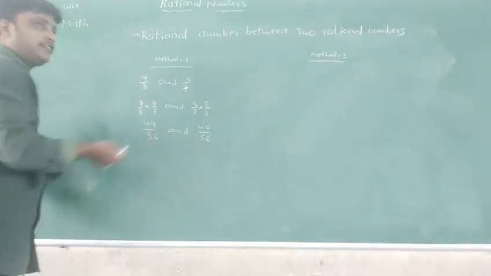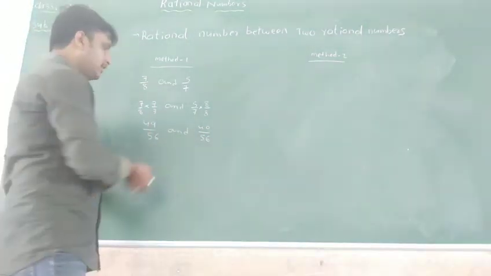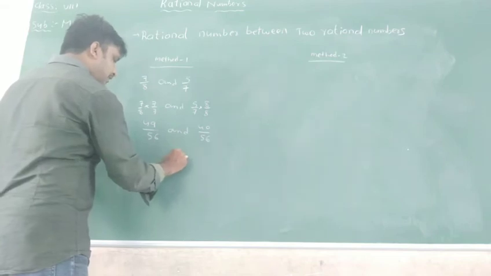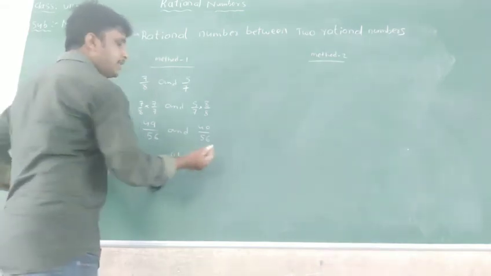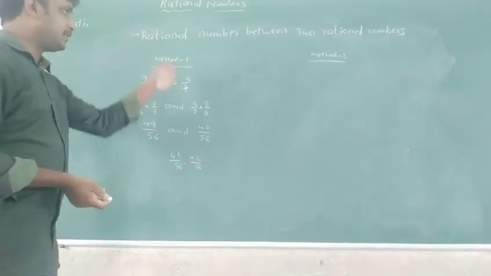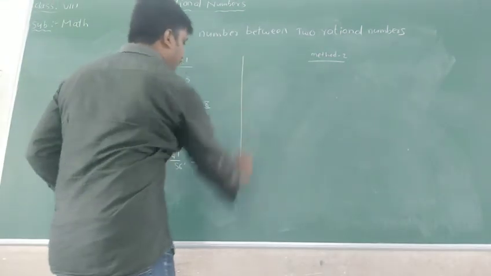So between 49 and 40 we have 8 rational numbers. So you can write any one rational number, 41 by 56, otherwise 42 by 56. Similarly, you can write as many as are asked. This is method 1.